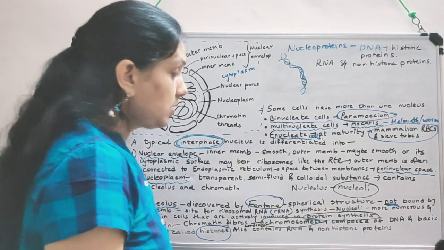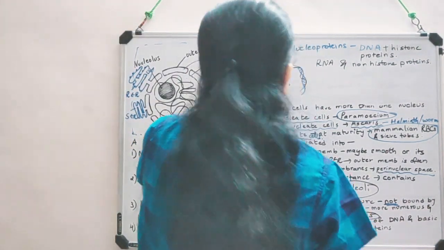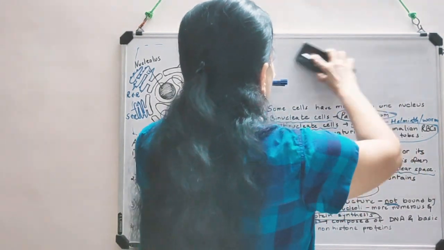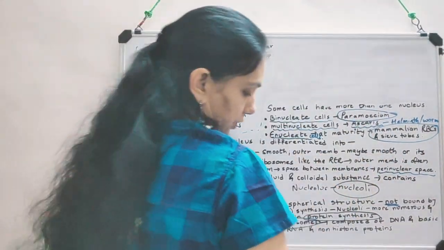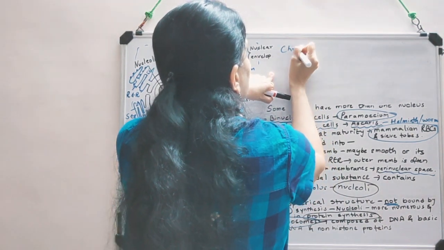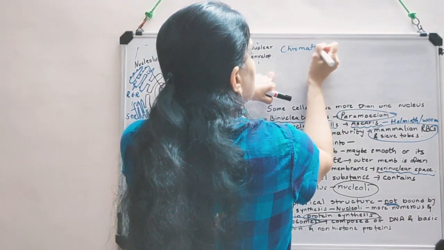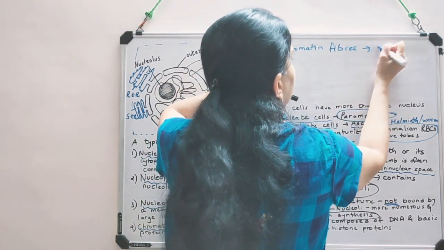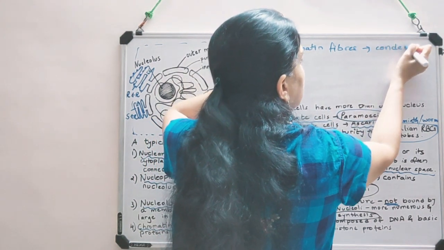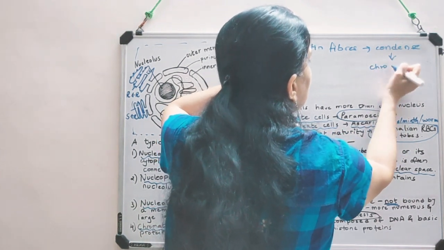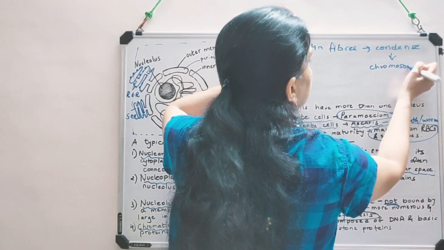Okay, now coming to the next point. I told you that chromatin fibers during cell division condense, means they shorten and convert to chromosomes.